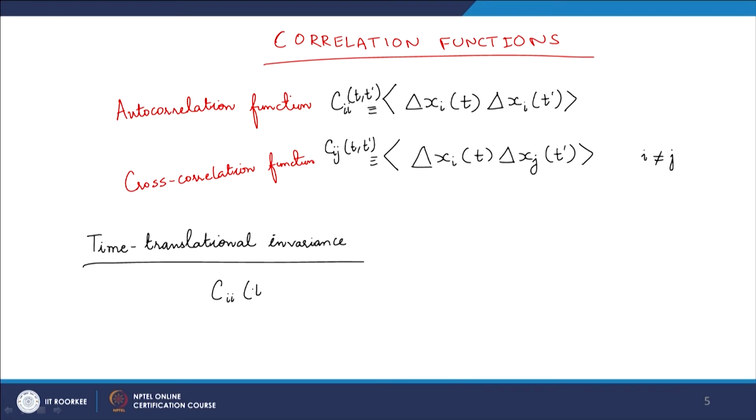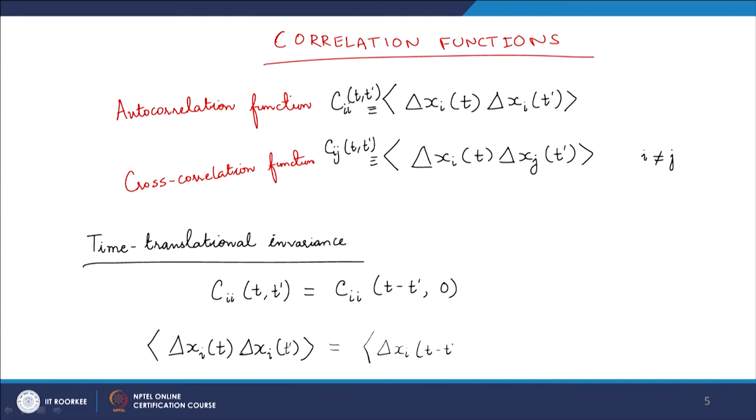In other words, Cii t prime is equal to Cii t minus t prime, 0, or delta xi t delta xi t prime is equal to delta xi t minus t prime delta xi 0.